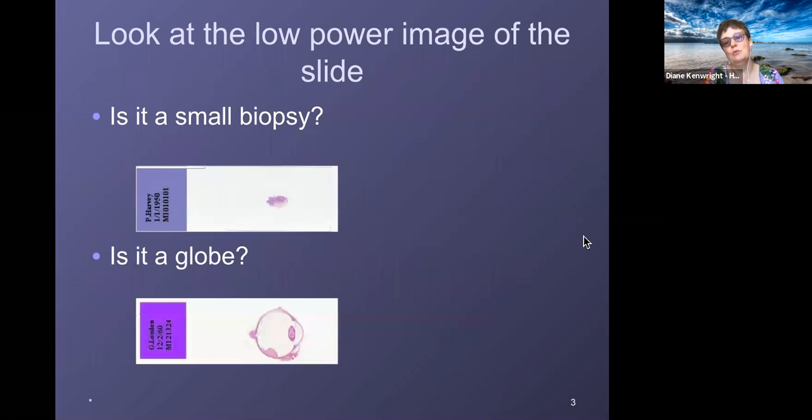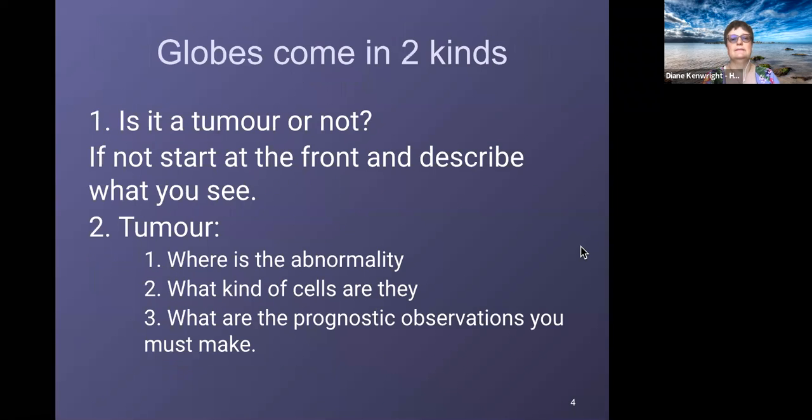So the first thing that we decide when we're looking at a slide is: is it a small biopsy or is it a globe? Because there are slightly different approaches to both of these. And when we're looking at a globe, we decide, is it a tumor or not a tumor?